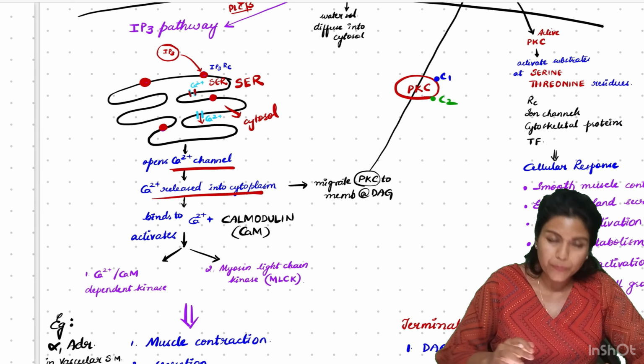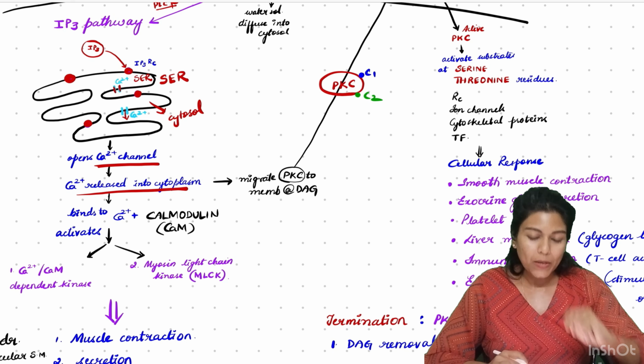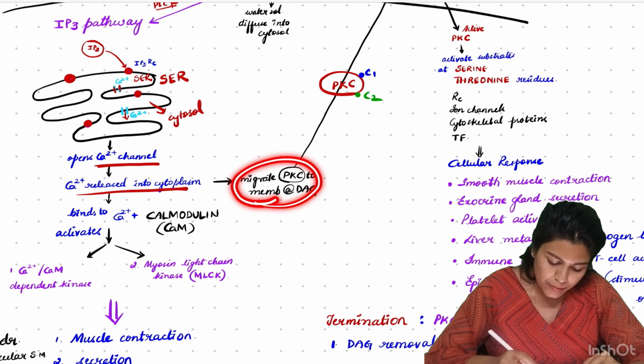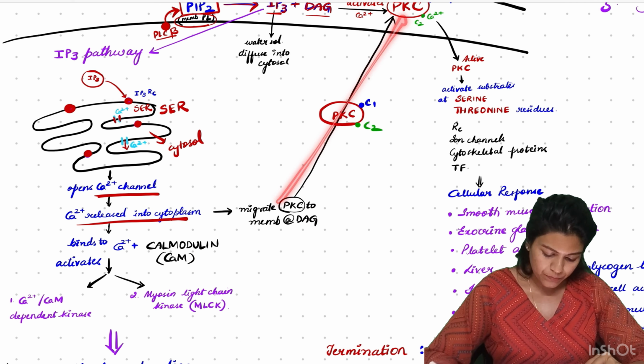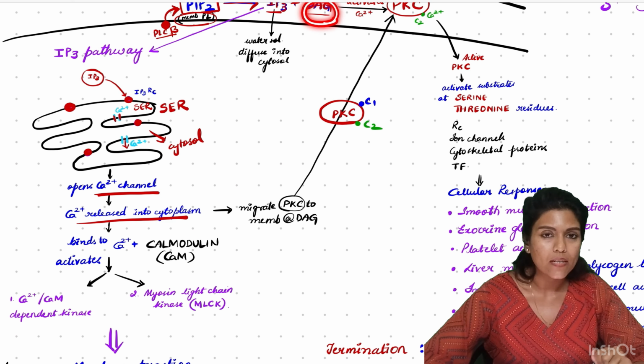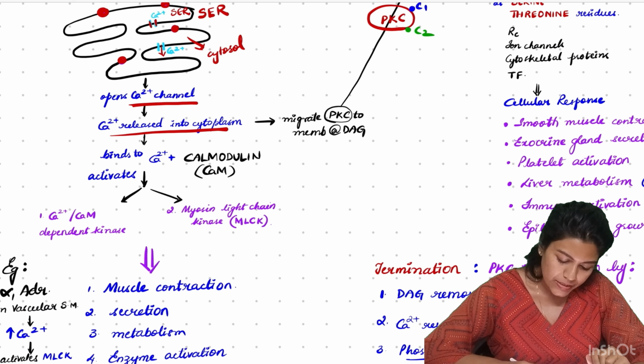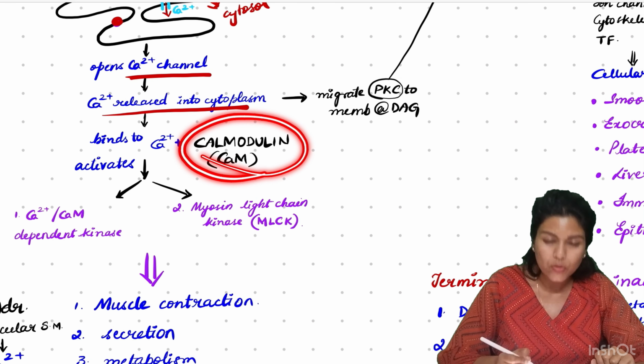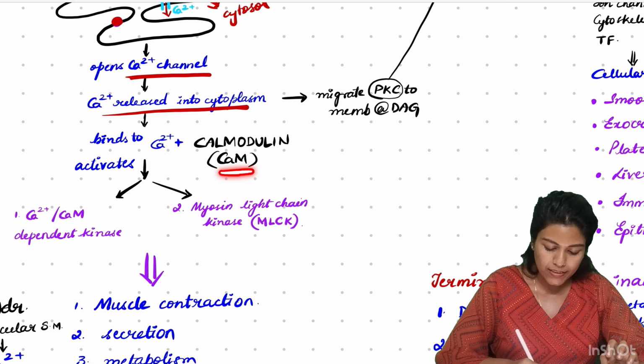The released calcium can take two pathways. First, some of this calcium will migrate towards the membrane, towards the DAG. The other remaining calcium will bind to calmodulin, abbreviated as CAM.